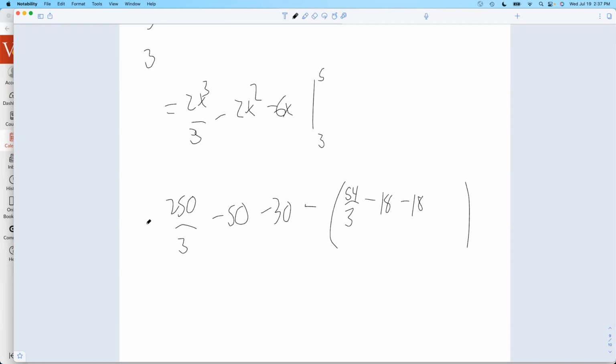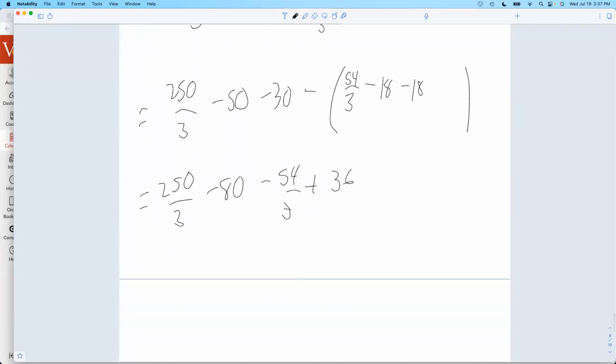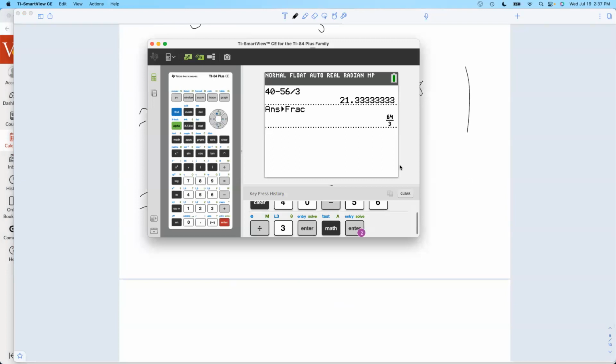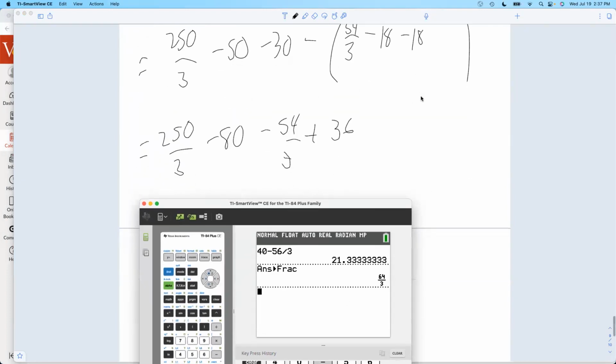All right, what do we got here? 250/3 minus 80 minus 54/3 plus, because that'll be minus 36 times that minus, plus 36. Okay, and again, I can just get my calculator out here and do this if I don't feel like adding all these fractions.